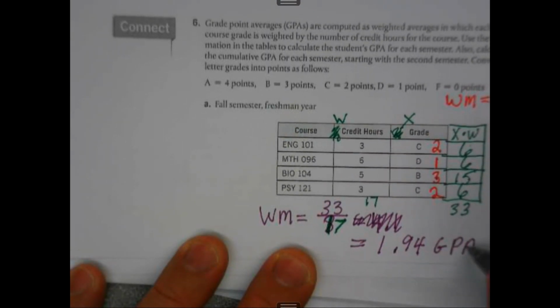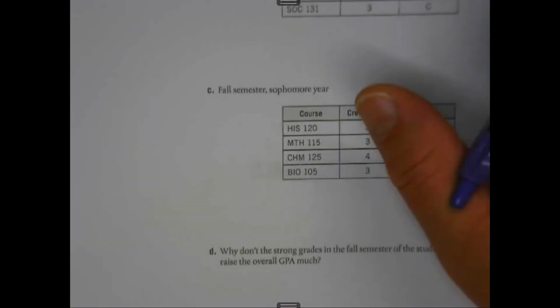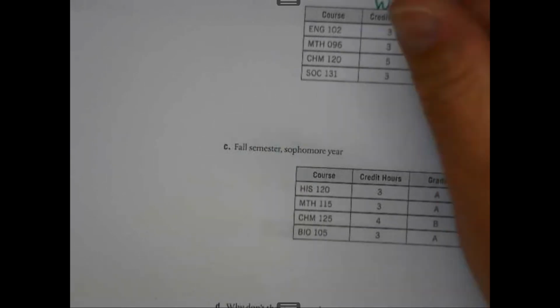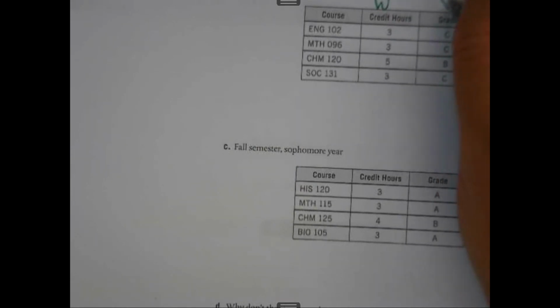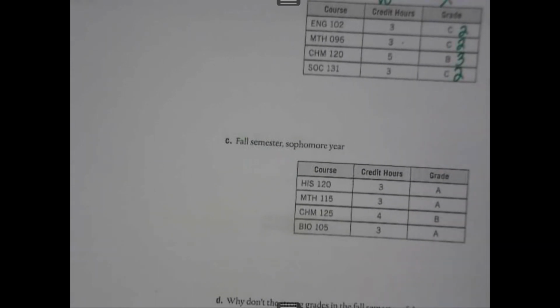GPA. Okay, next semester, be a little more careful. Credit hours is my weight. Grade is going to be the X values. Okay, so 2 points, 2 points, 3 points, 2 points. X times W: 3 times 2 is 6. 5 times 3 is 15. 3 times 2 is 6.